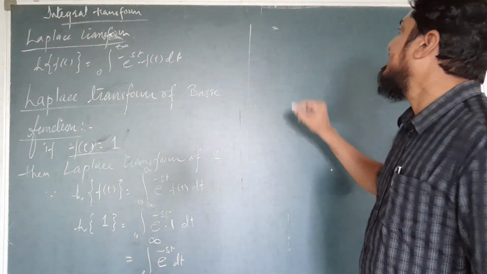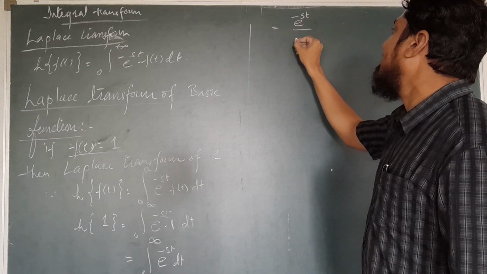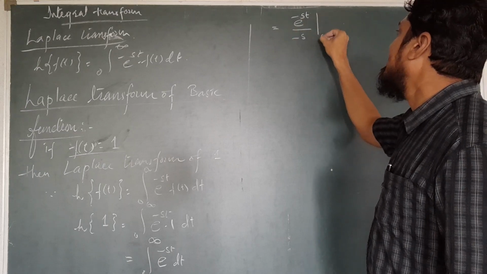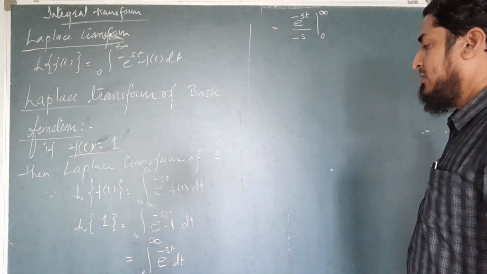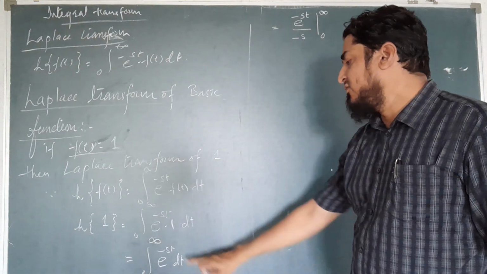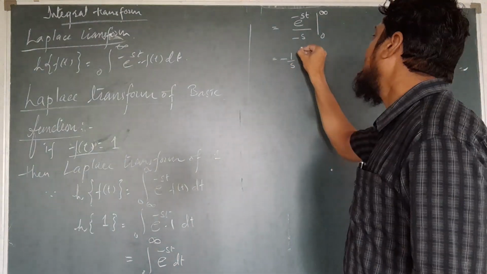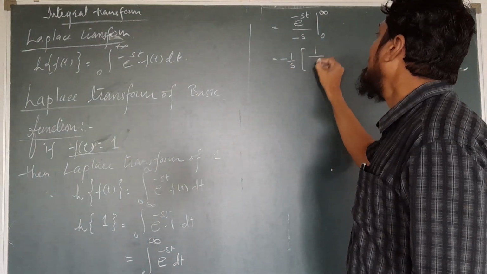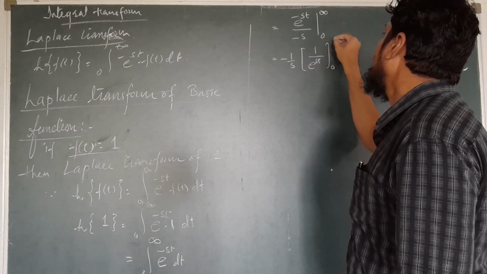So after integration we will get e raised to minus st upon minus s, with the limits running from 0 to infinity. Since the limits are for t only, we can write minus s outside, and we can write 1 over e raised to st from 0 to infinity.